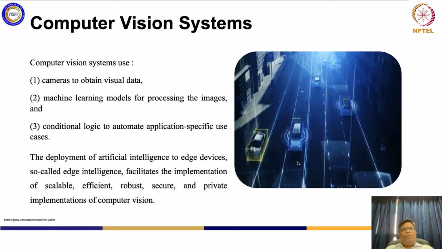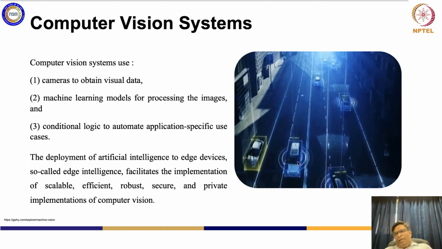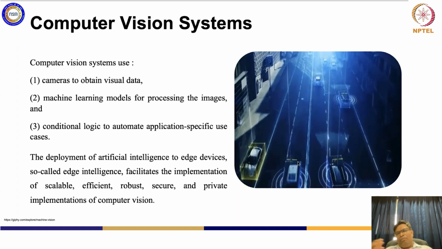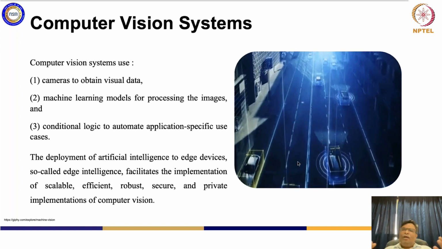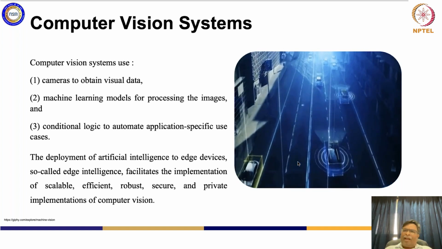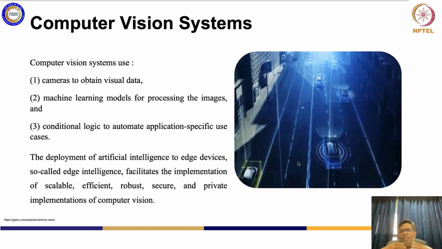Now, when you say computer vision systems, on the right side you are seeing certain autonomous vehicles trying to do things which a human driver generally does, for example changing lanes and detecting. This involves a lot of things, it is not just computer vision.